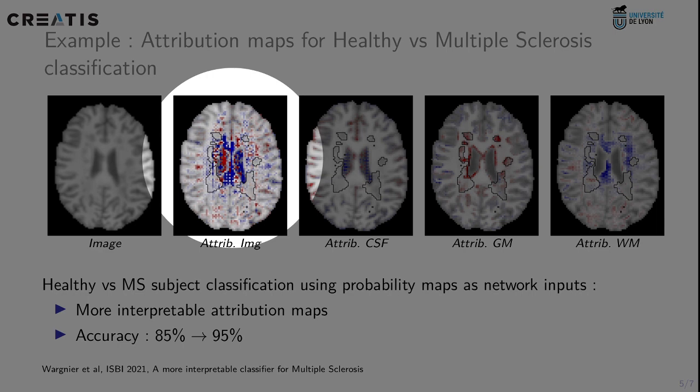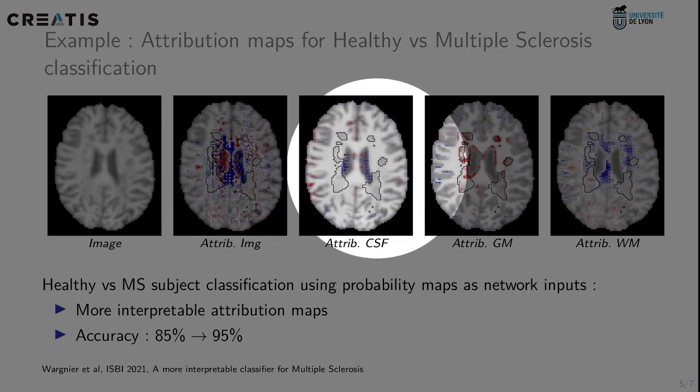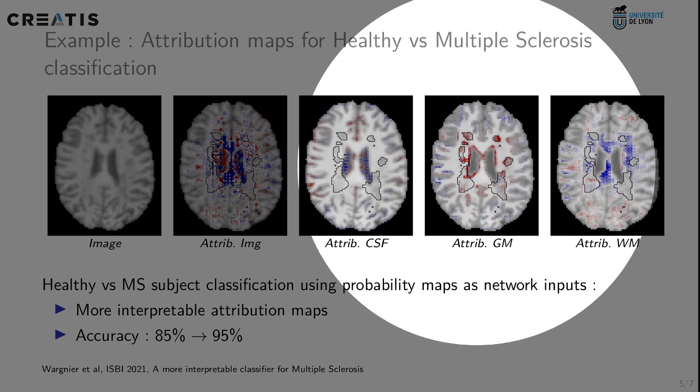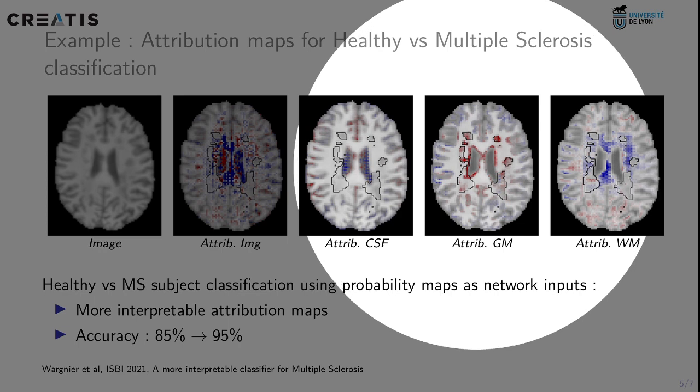So we propose, instead of training the network directly on the images, to first segment the image into the three tissue classes, CSF, gray matter, and white matter, and train our network using as input not the images, but the three probability maps. So we obtain three attribution maps, one for the CSF, one for the gray matter, and one for the white matter.